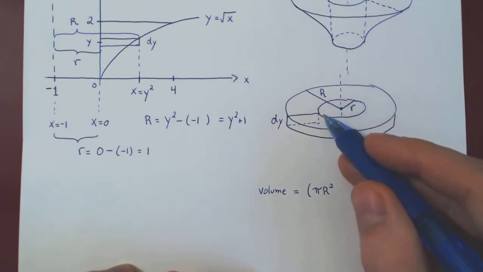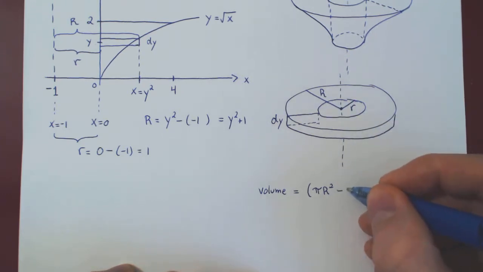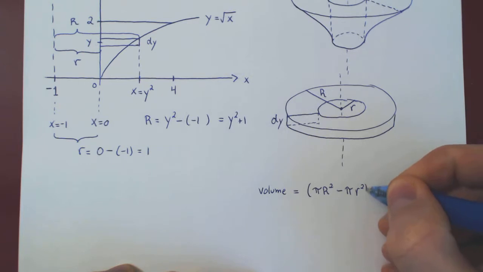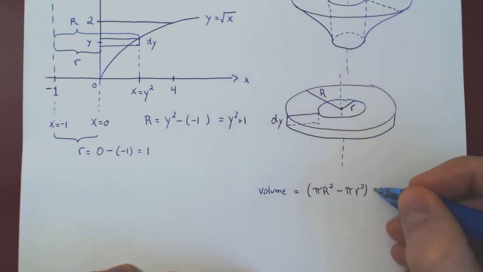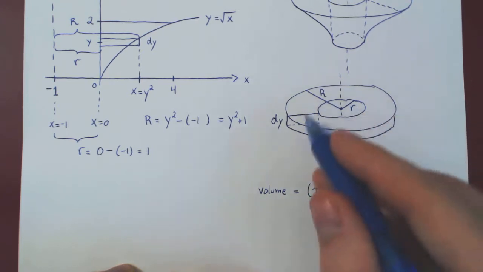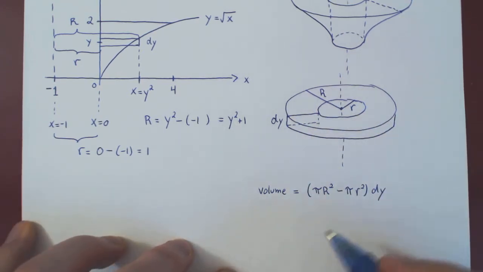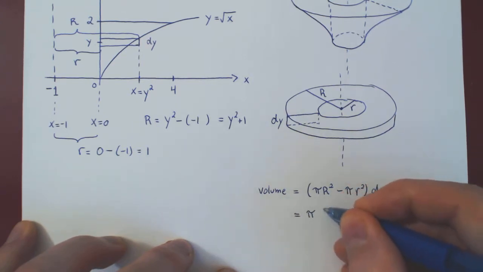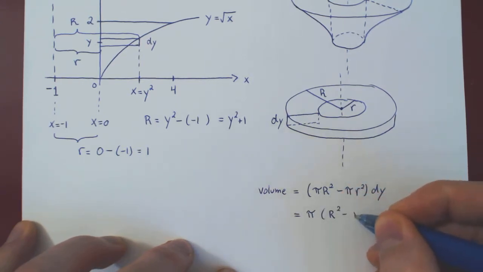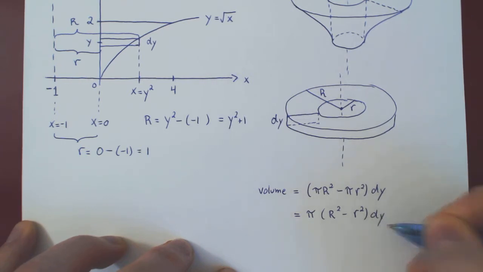We have to remove the area of the smaller circle, minus pi lowercase r squared. That is the area of the outer rim, times the thickness dy gives us the volume of this infinitesimal washer. Of course, we can factor pi on the left. So all we have is pi times larger radius squared minus smaller radius squared, dy.